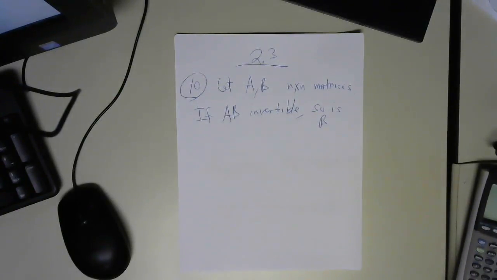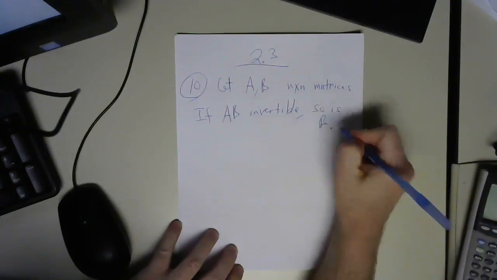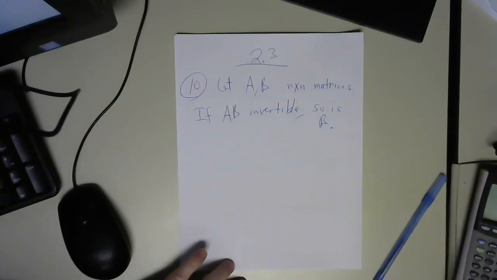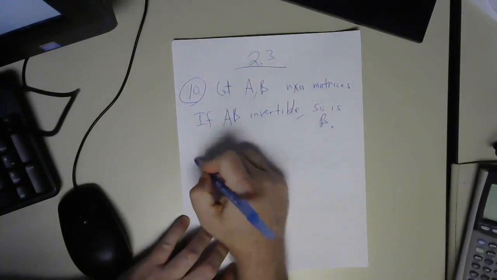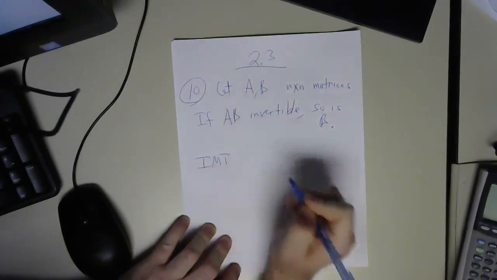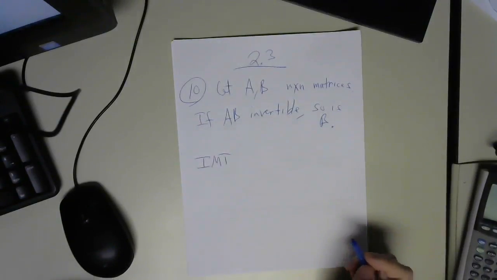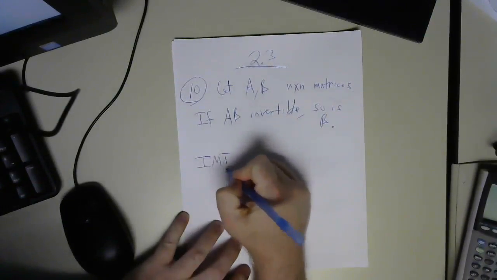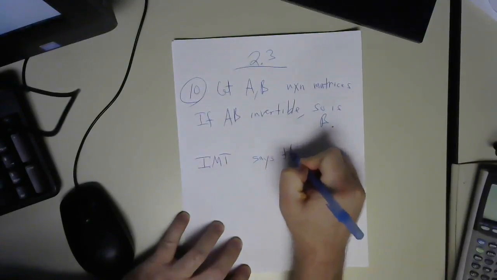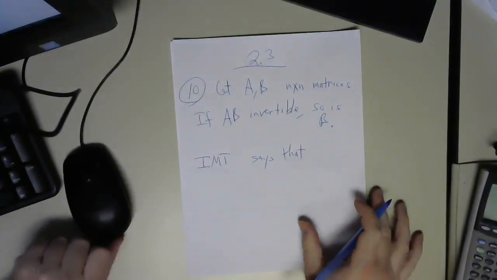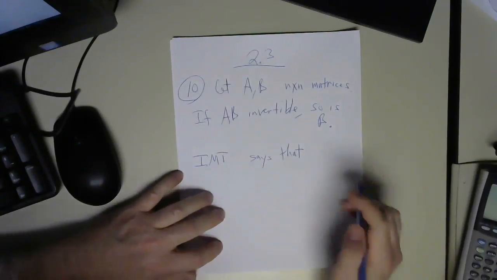Now, one of the main ideas in this section is what's called the invertible matrix theorem. And we can abbreviate it IMT, the invertible matrix theorem. So let me make the statement of the theorem first before I use that in the proof here.